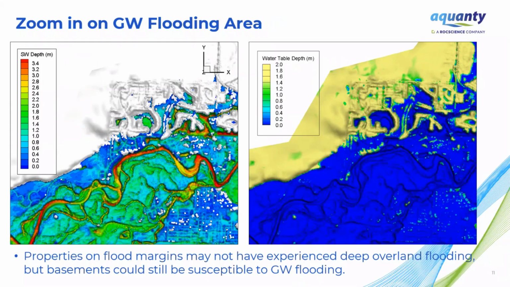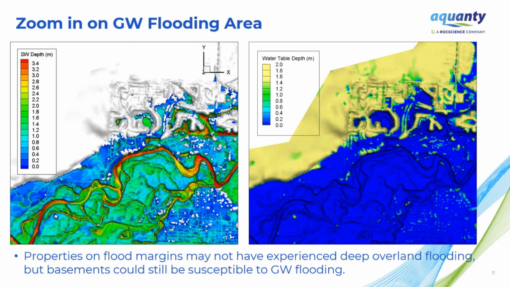With this flood event in 2013, it became quite apparent that basement flooding was a significant component of overall flooding damages. Especially on the margins of the flood, like on the north margin of the floodplain here, there is surface water ponded in the streets.